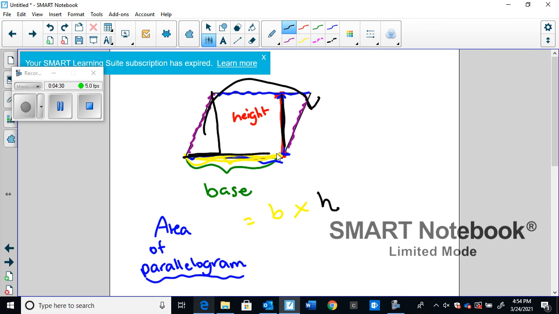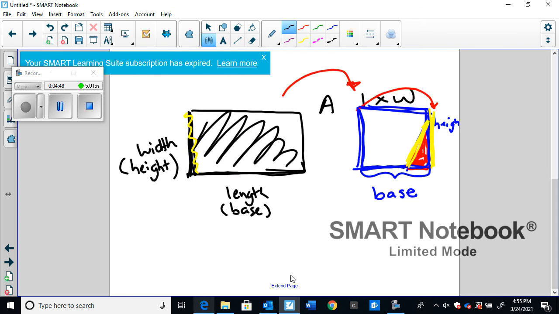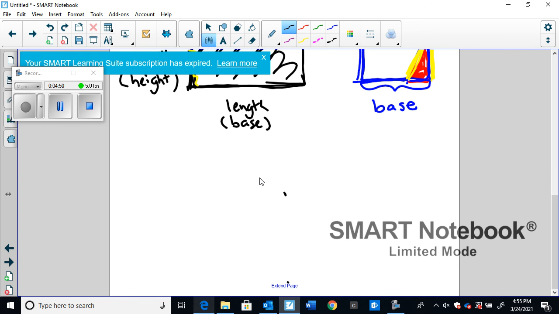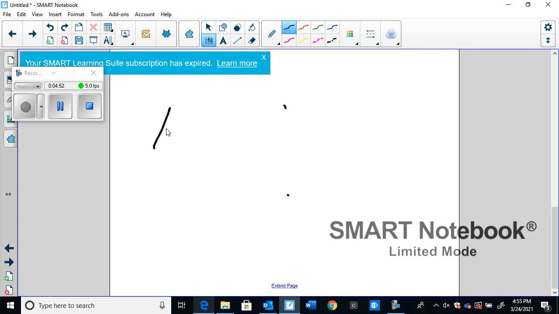We would still have the whole base of the shape creating the bottom of the rectangle, and then this region right here would be the height of the rectangle. So multiplying those two together would create the area of a rectangle. So if we do an example, let's say I give you a parallelogram that looks like this.